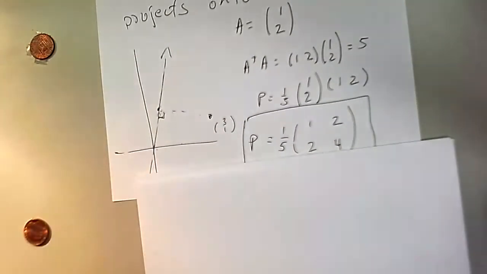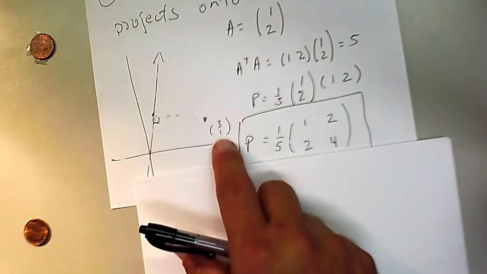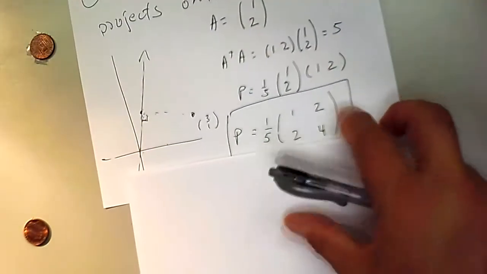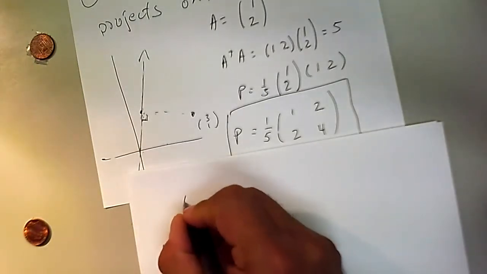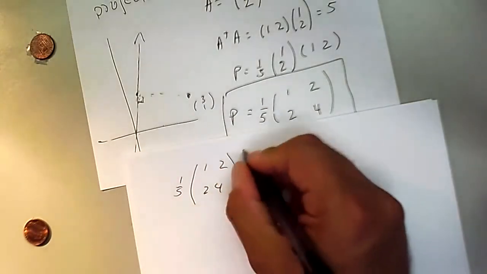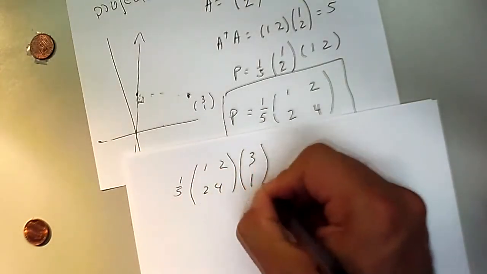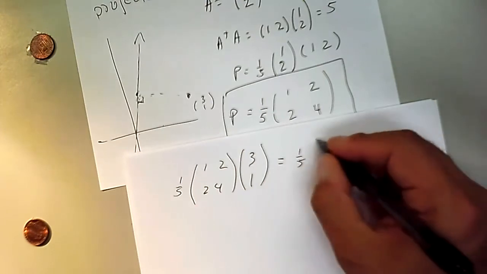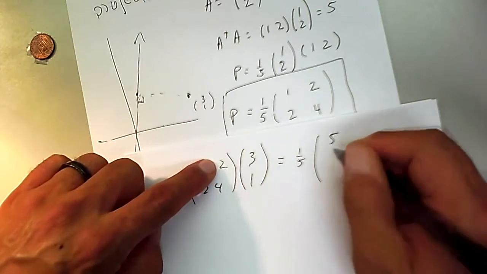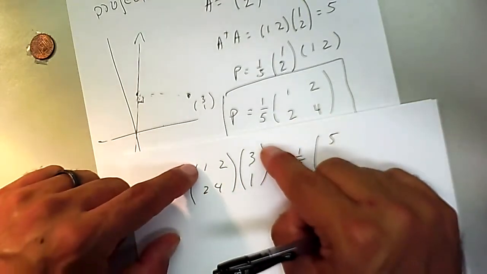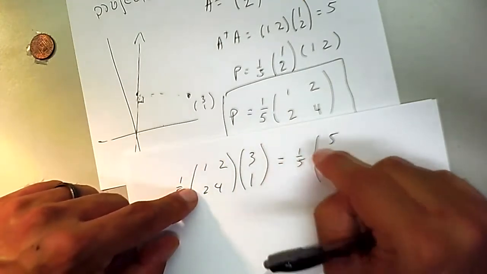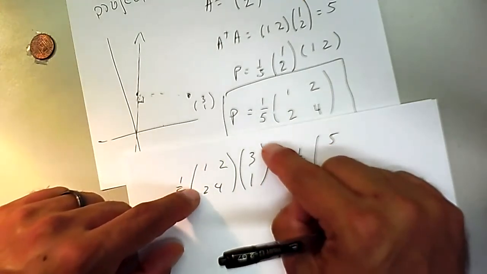But now I'm curious. I want to know where 3, 1 goes to when we project onto that line. This is really, really cool, I think. So 1/5, 1, 2, 2, 4, multiplied with 3, 1. Keep the 1/5. So 3 plus 2 is 5, because that is going to cancel with the 5 nicely. 6 plus 4, 10.